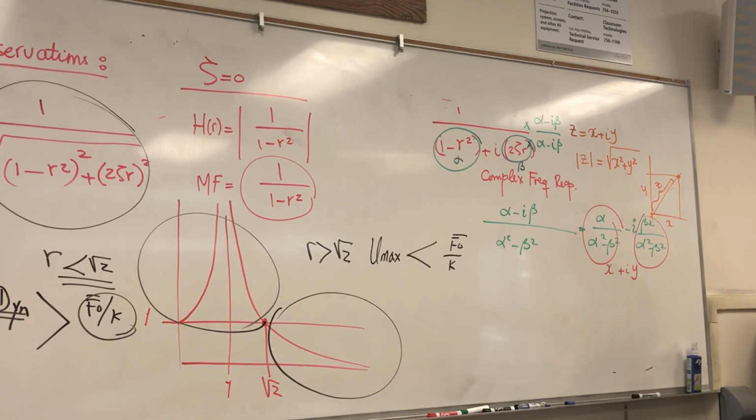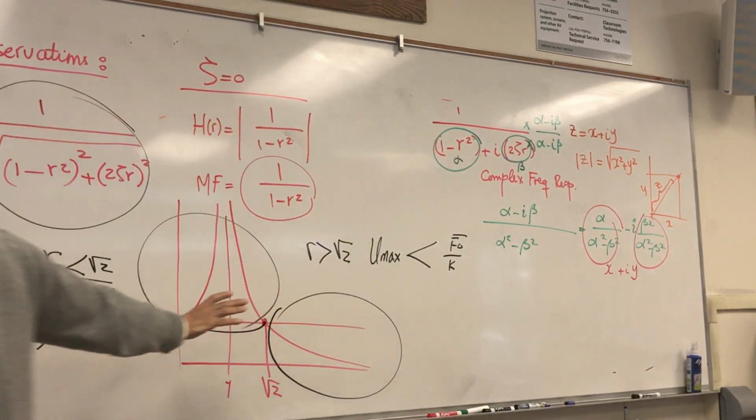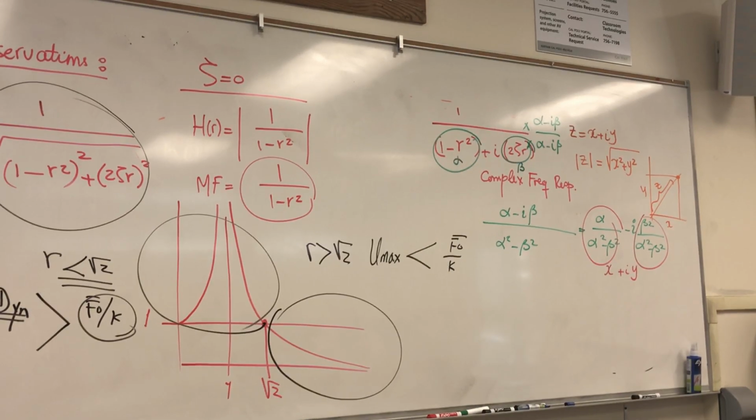So what about that? We're going to plot it and really understand the significance of it. This was the case of the magnification factor for an undamped system. Let's plot now for the damped system, which is represented by that function.